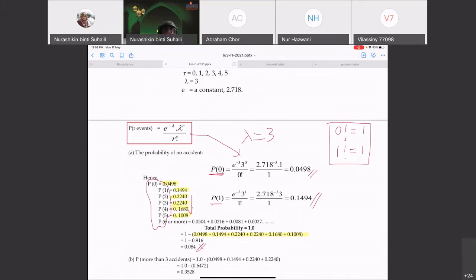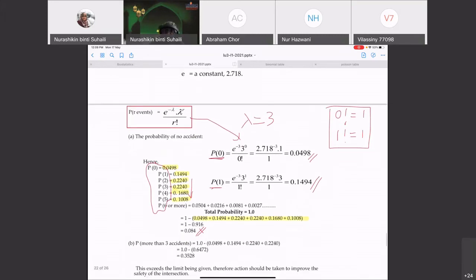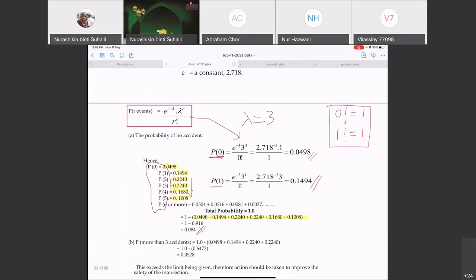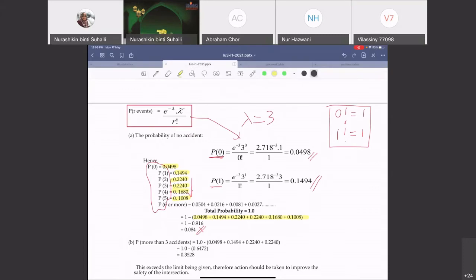So we just use that information and subtract from 1. This is r equal to 0. Sorry, this is r equal to 1, r equal to 2, and this is r equal to 3.